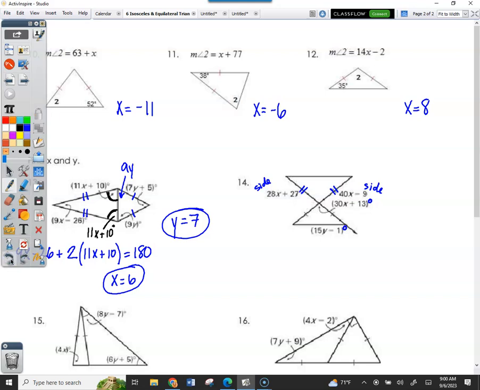Okay, so we have several things going on here. Does your mind see an equation you could set up immediately? Which one? Yes, the side lengths. They're both what, Gabe?